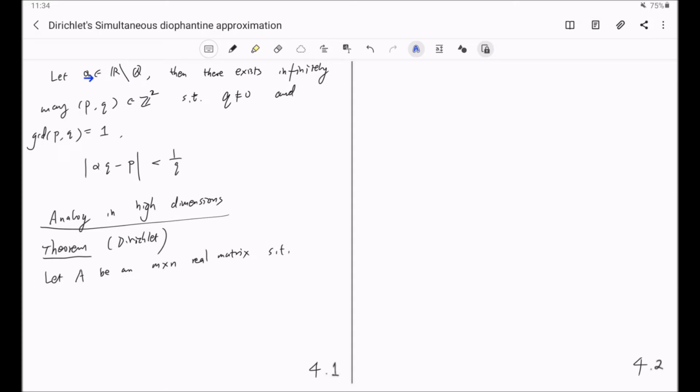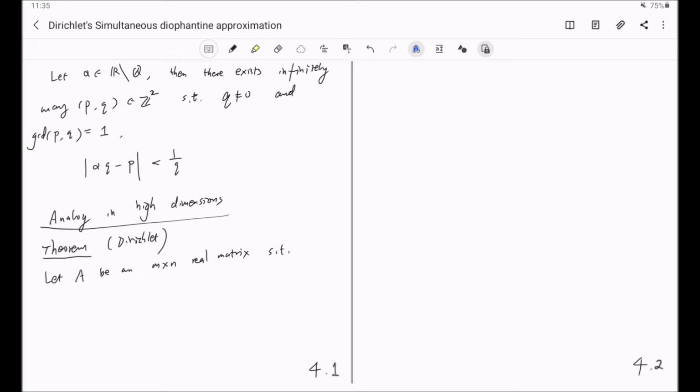What would be the analog of A being irrational in some sense? Alpha being irrational means alpha cannot be written as a quotient like a over b, where a, b are integers. Or in other words, any integer multiple of alpha cannot be an integer, except for the zero multiple of it.